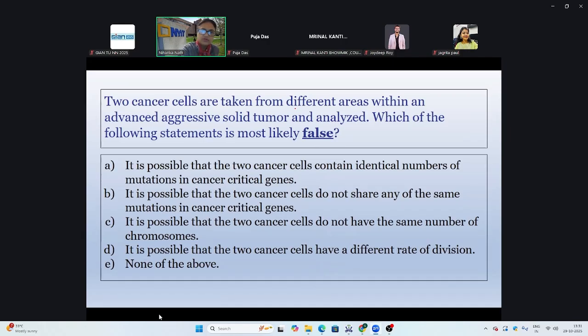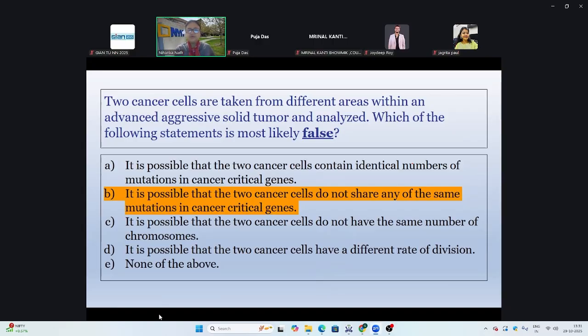So, question for you: two cancer cells are taken from different areas within the solid tumor, and they're analyzed. Which is false? So it's possible that the two cancer cells contain identical numbers of mutations. Well, let's see. Is that true? That can be, right?